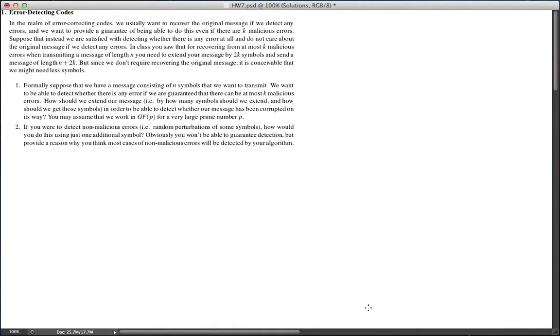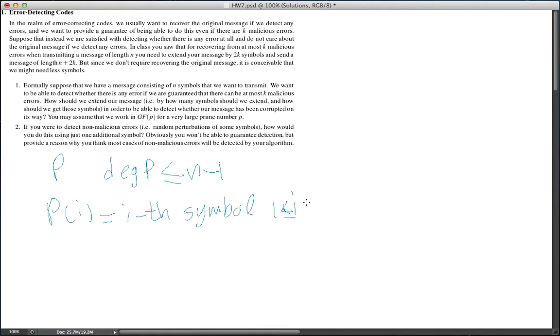Let's go with what we had and just add the one extra symbol that we get from the polynomial introduced by the first endpoints, meaning that if we find a polynomial p whose degree is at most n minus 1 such that p of i is equal to the ith symbol for i between 1 and n minus 1, and then we add exactly one symbol, meaning that originally we had p of 1 up to p of n, and then we add this one extra little symbol p of n plus 1.